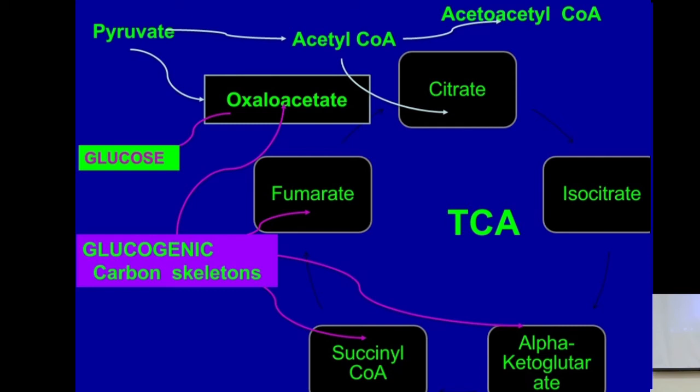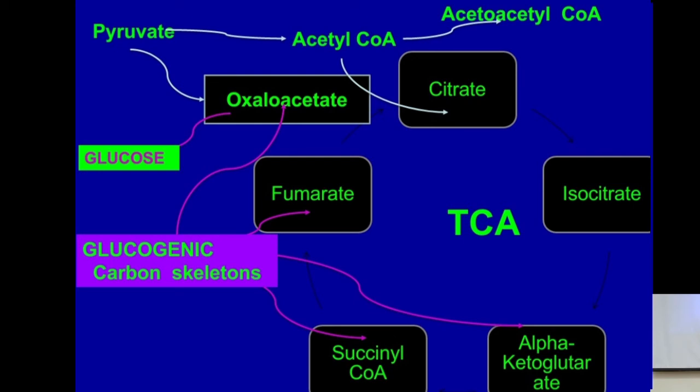So that makes these guys, alpha-ketoglutarate, succinyl-CoA, fumarate, and oxaloacetate, all glucogenic. So any amino acids that give you any of those four intermediates in the TCA cycle become glucogenic.